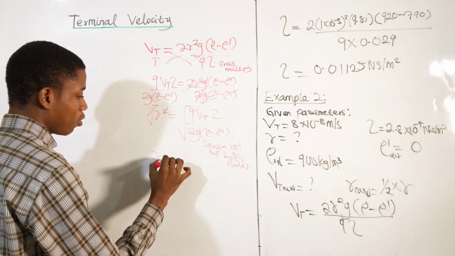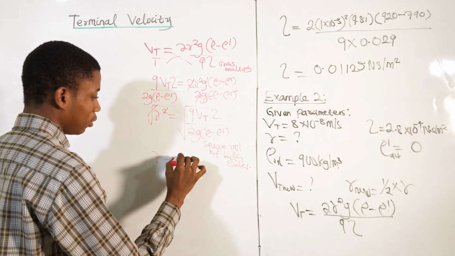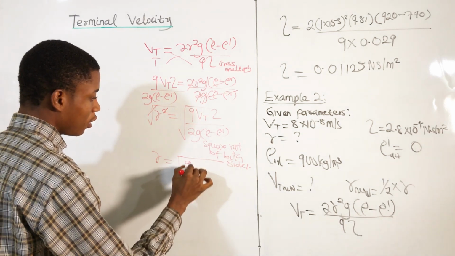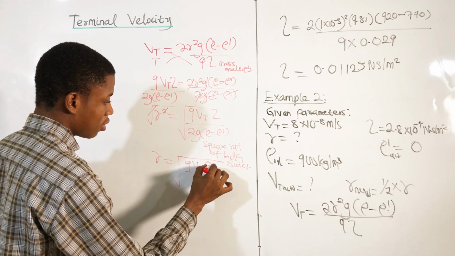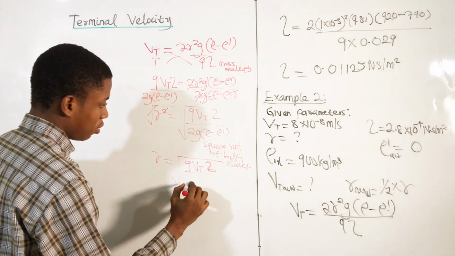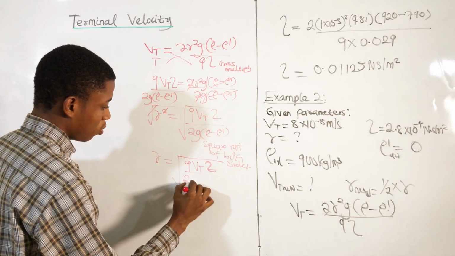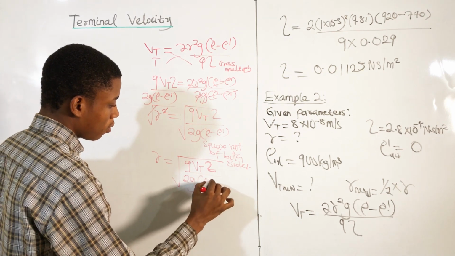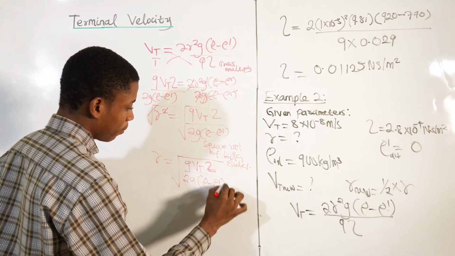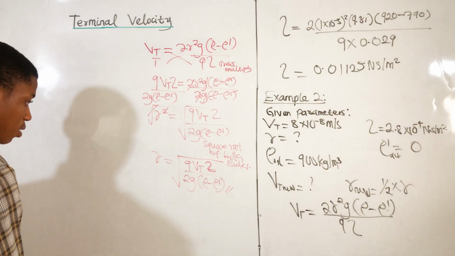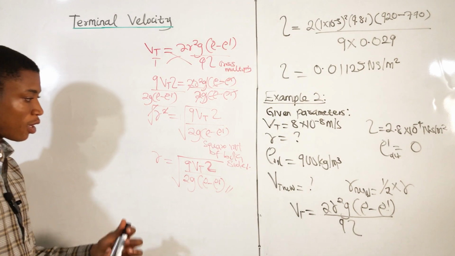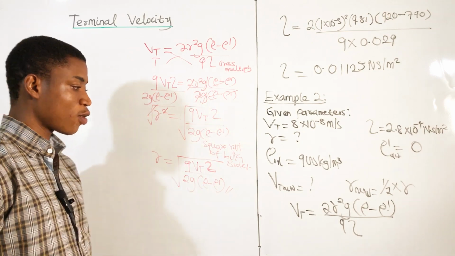So you have r is equal to the square root of what? 9 Vt, the dynamic viscosity, over 2g (rho minus rho prime). So now we have successfully made this the subject of the formula, a very easy concept.